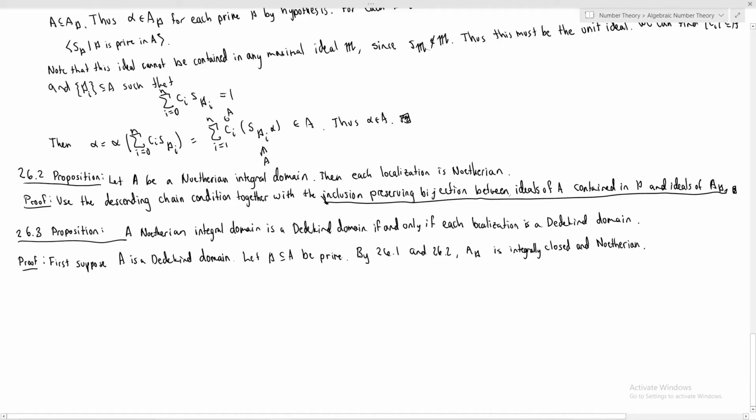Now it just remains to show that every nonzero prime ideal in A localized at P is maximal. So let Q, a subset of A localized at P, be a nonzero prime.